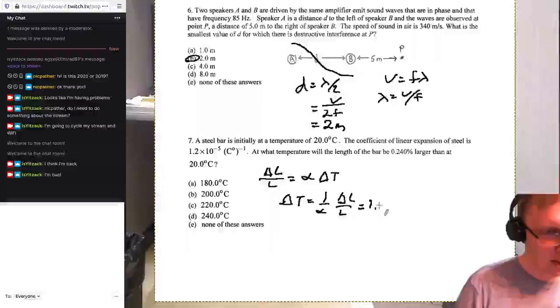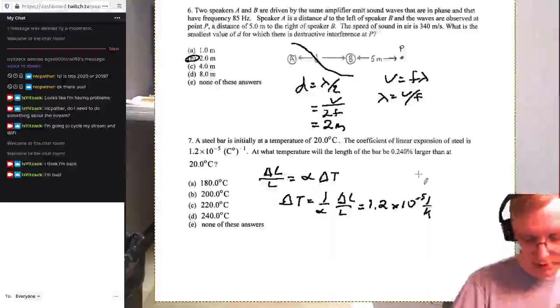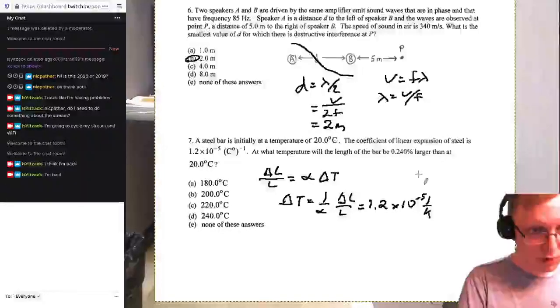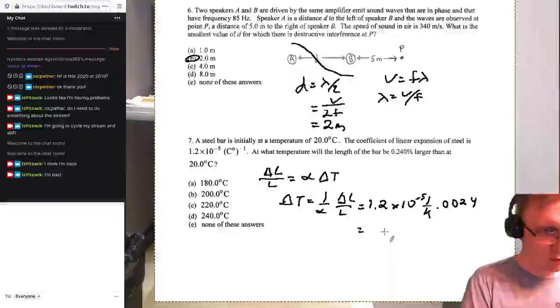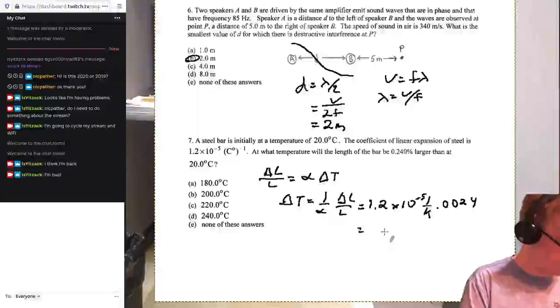Alpha is provided to us to be 1.2 times 10 to the minus 5 inverse Kelvin, and it wants it to be 0.24 percent. 0.24 divided by 100 is 0.0024, divided by 1.2 e minus 5.